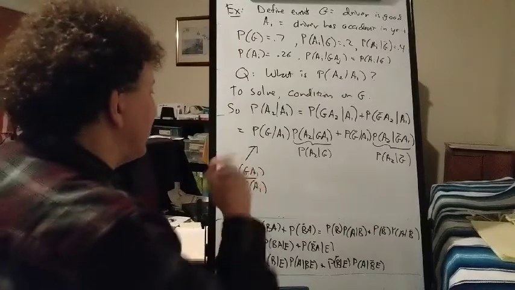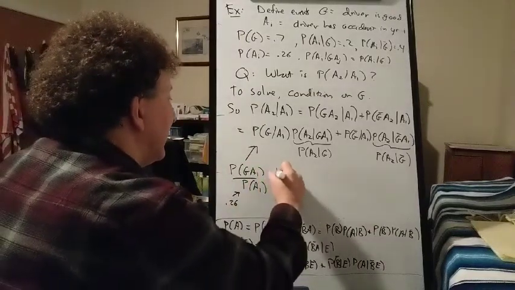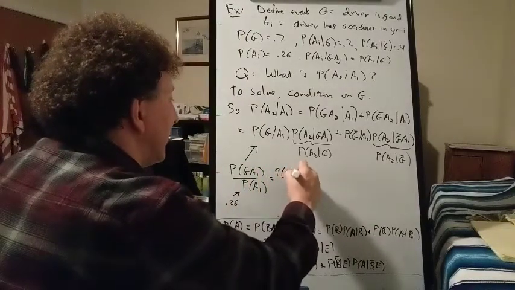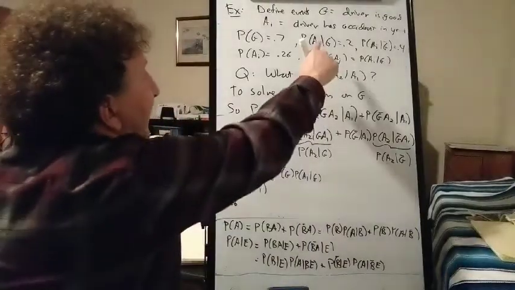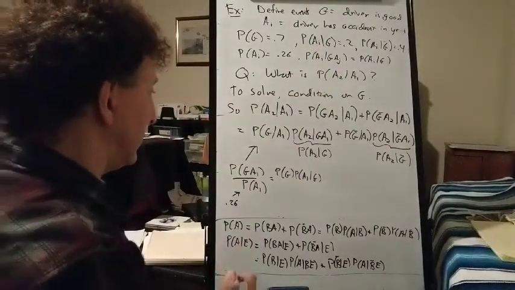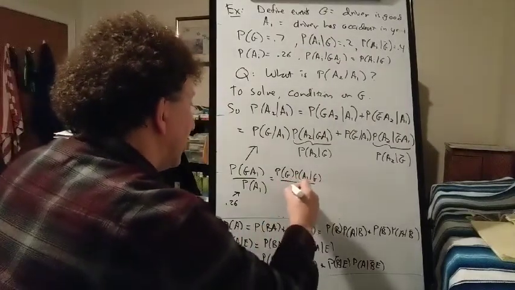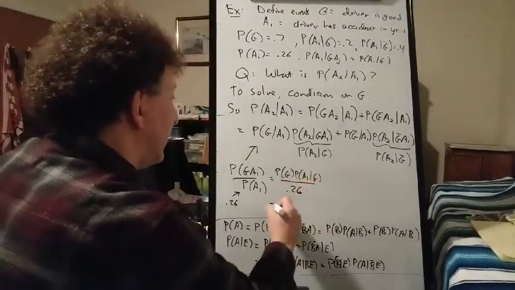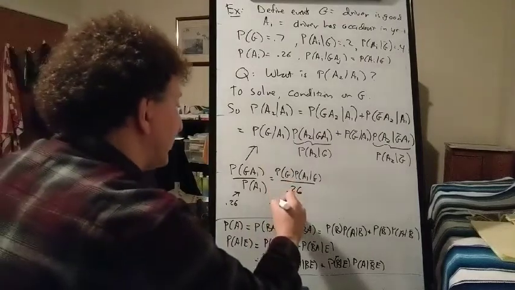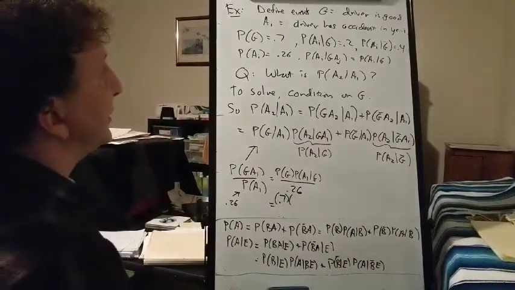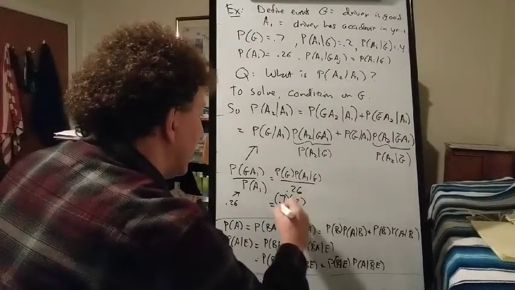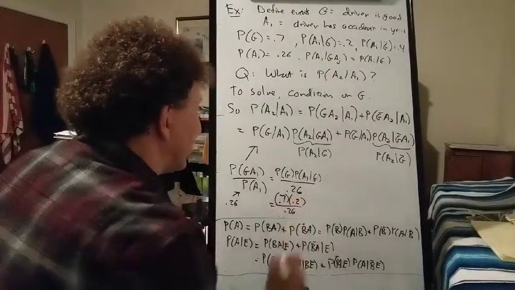And then probability of G and A1 is probability of G times probability of A1 given G, and that's something that we know. So this is probability of G, 0.7, times probability of A1 given G, 0.2, over 0.26.